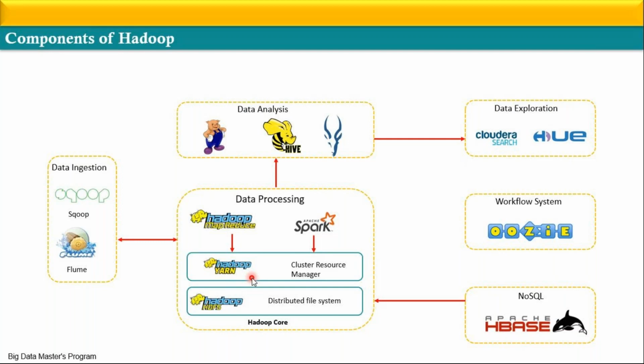Those things are performed with the help of the cluster manager, that is YARN. So this is the Hadoop core layer, which has YARN, HDFS, and MapReduce, where MapReduce is processing.